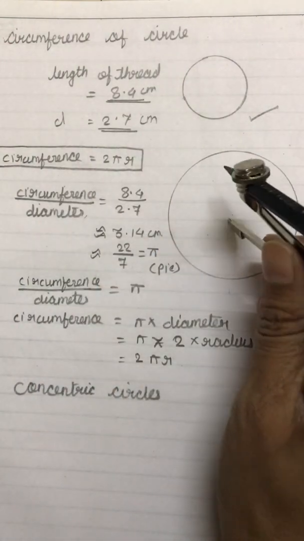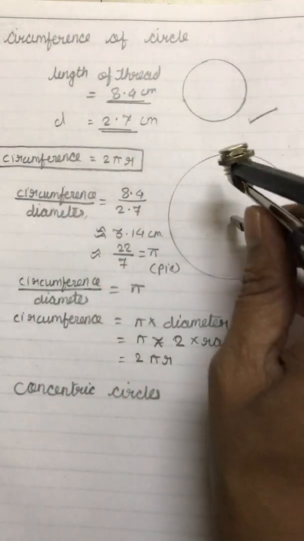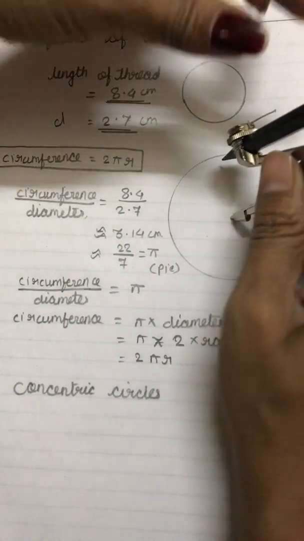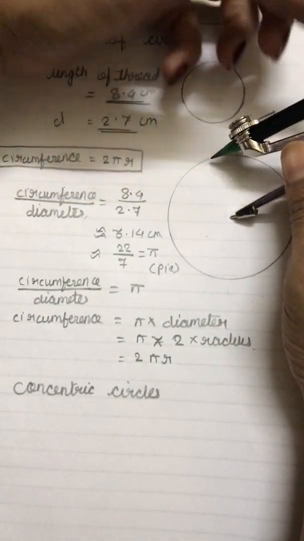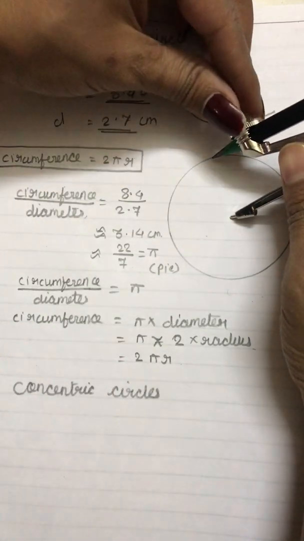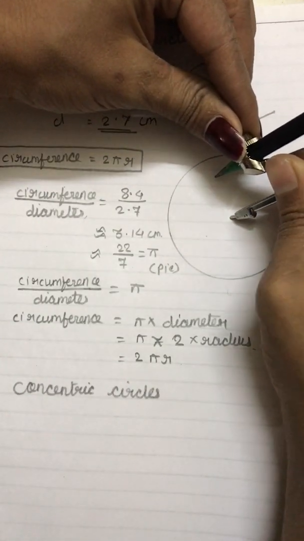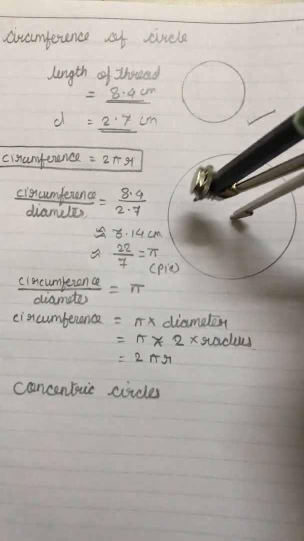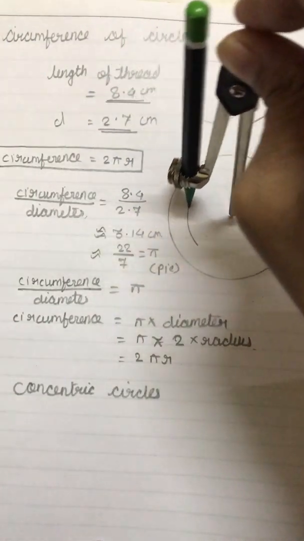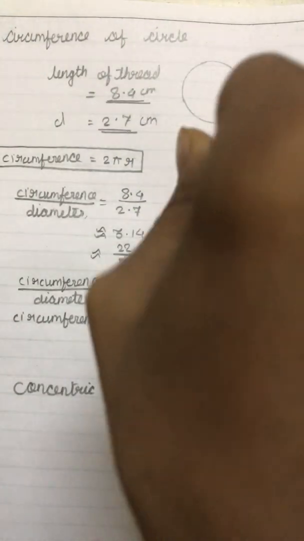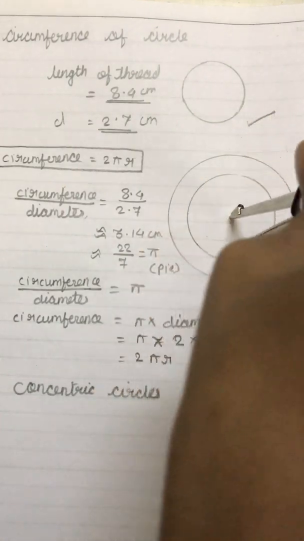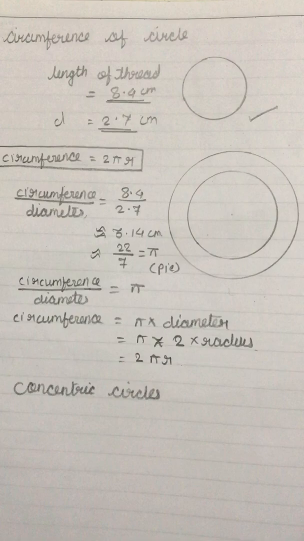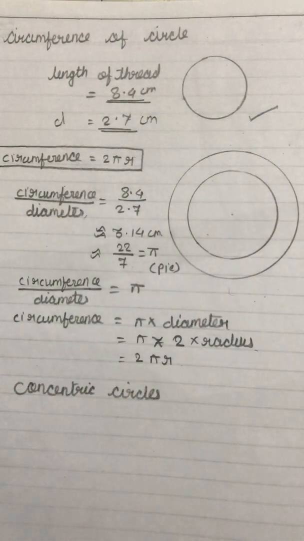Now, using the same center, I will reduce the length of the radius and make it shorter. With the same center I am going to draw another circle with a different radius, and hence these two circles are known as concentric circles.